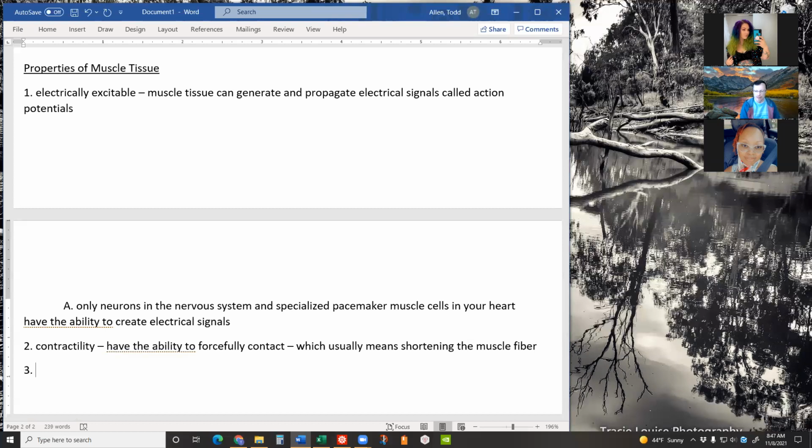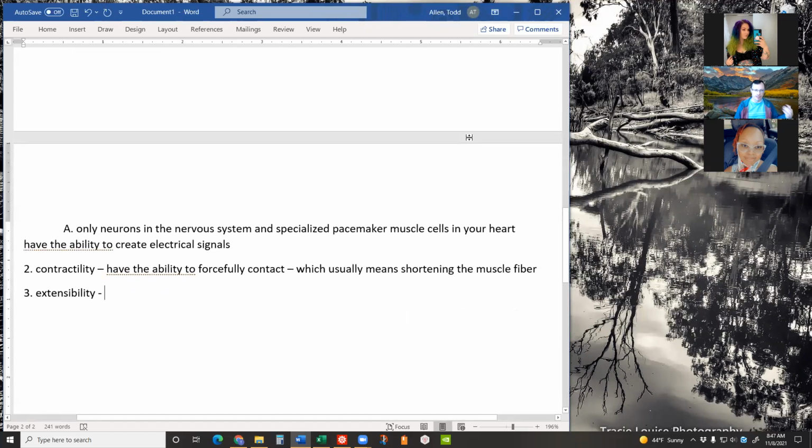Third property, extensibility. By extensibility, I mean that the muscle tissue has the ability to stretch. You felt that today when we were doing some of your leg work, and you could feel maybe your hamstrings or your gastrocnemius muscles in your legs stretching. Finally, the fourth property of muscle tissue is elasticity.